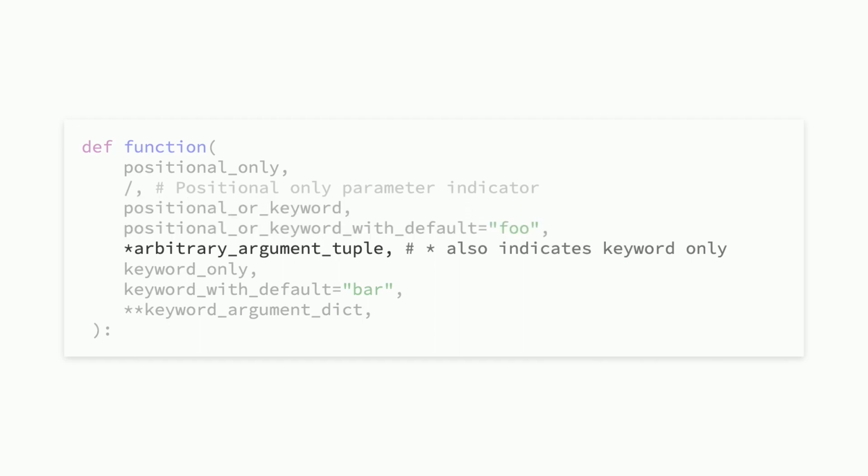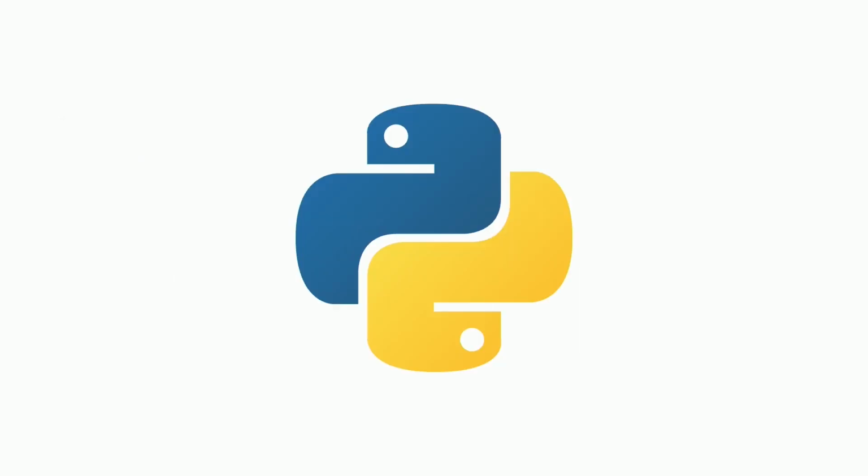Star captures an arbitrary number of positional arguments and also indicates that further parameters are keyword only, such as this keyword argument or this one with a default. And star can also be used alone as a special parameter to do the same. And finally, double star to handle those arbitrary keyword arguments.